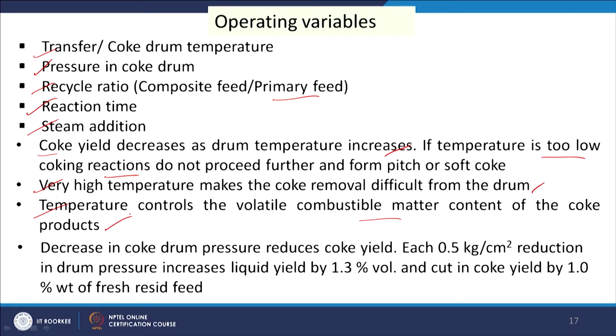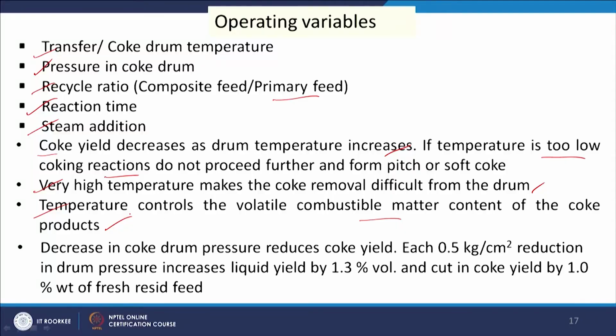And then if we change the pressure of the coke drum, if we increase the pressure, then we may get more condensation of the vapors into coke. So, coke yield will increase, but if we reduce the pressure, then we will get more liquid product. So, a decrease in coke drum pressure reduces coke yield.